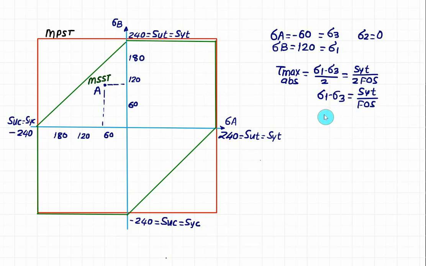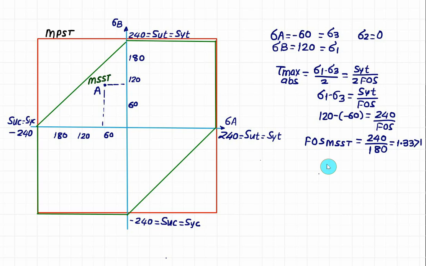Sigma 1 is plus 120 minus sigma 3, which is minus 60, equal to SYT divided by factor of safety, and we have SYT equal to 240. So the factor of safety according to the maximum shear stress theory will be 240 divided by 180, which is 1.33. 1.33 is greater than 1 because we have selected point A within the fence of MSST. So no doubt the part is safe.